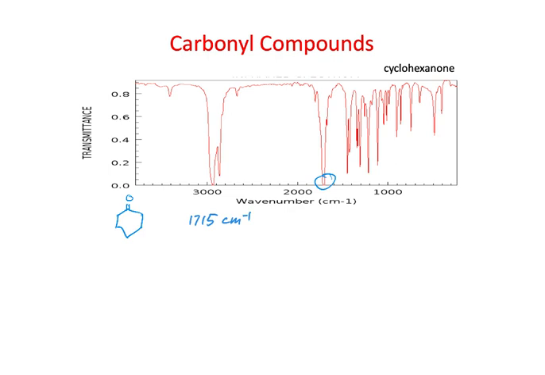So the other carbonyls, it depends on what's attached. If we put some other group here, this group can do one of two things. It can either be an electron withdrawing group that's pulling electron density away from the carbonyl and away from the delta plus that's developed on that carbonyl carbon.